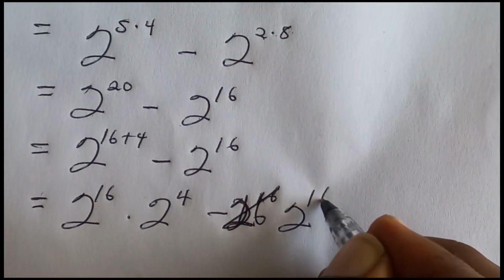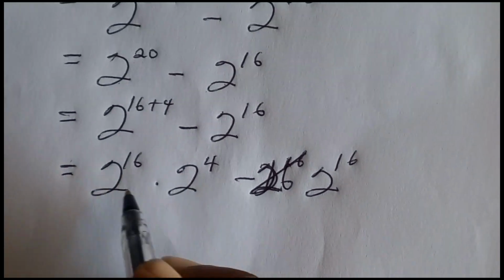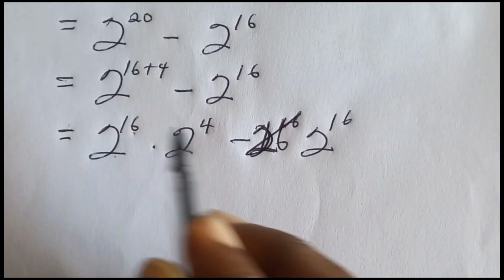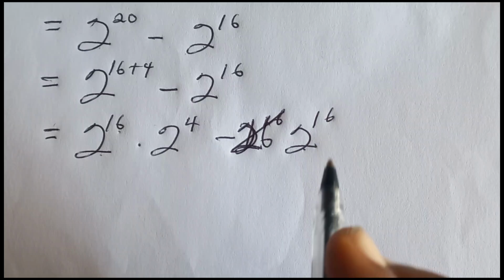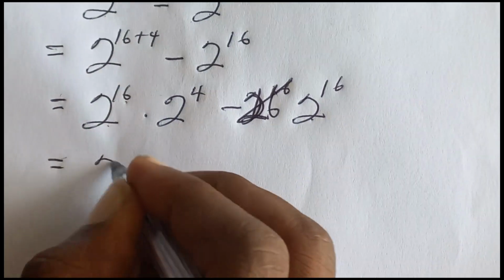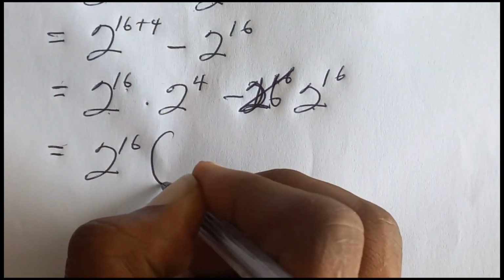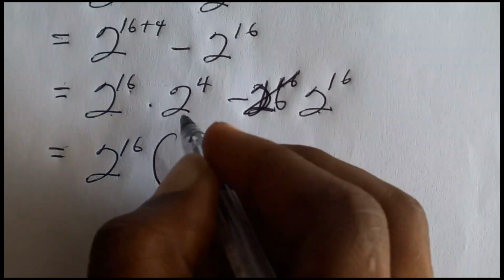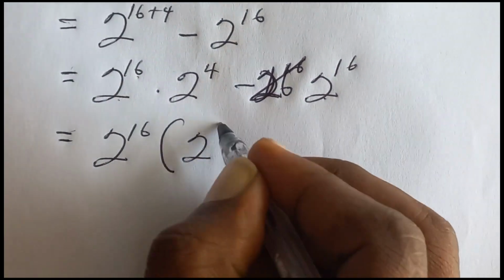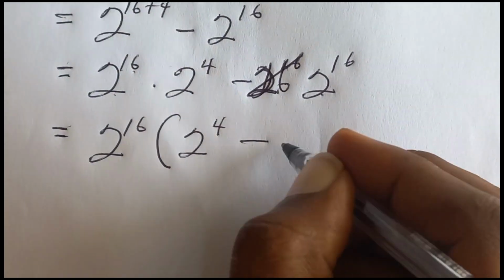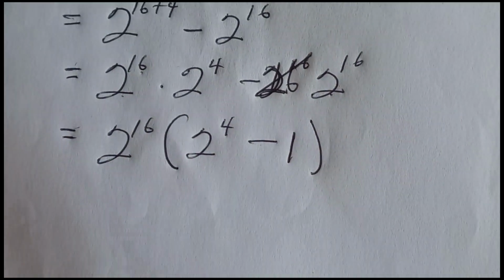Now we are having common terms here. We have 2 exponent 16 here and 2 exponent 16 here. So we can factorize 2 exponent 16 outside, leaving 2 exponent 4 minus 1, like this.